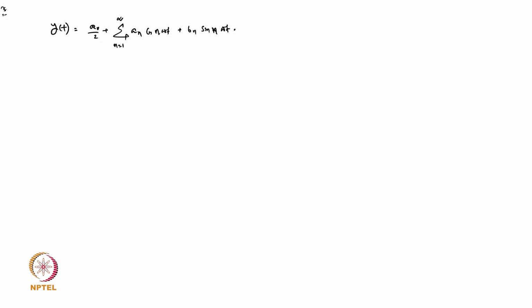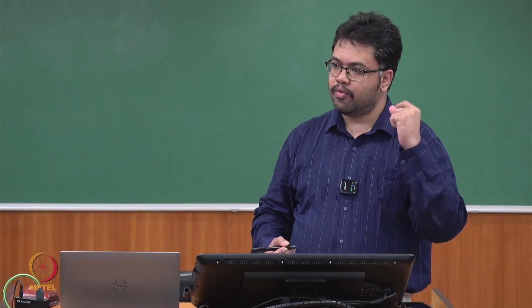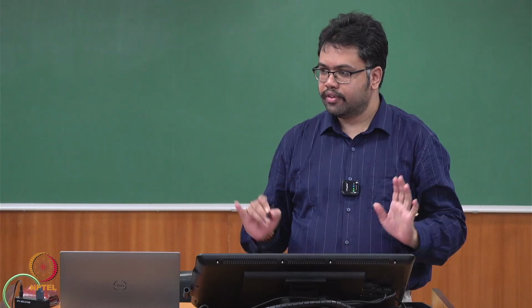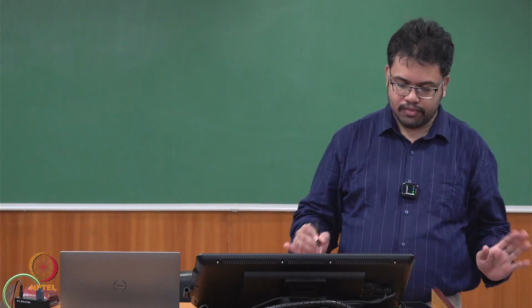Last time I made a small mistake: instead of n omega t, I put omega nt. The problem is that omega is not randomly varying, otherwise omega would also become an unknown parameter. Here omega is constant. You are just taking the harmonics of omega, that is omega, 2 omega, 3 omega, 4 omega, 5 omega, like this. Okay, makes sense? Very good.